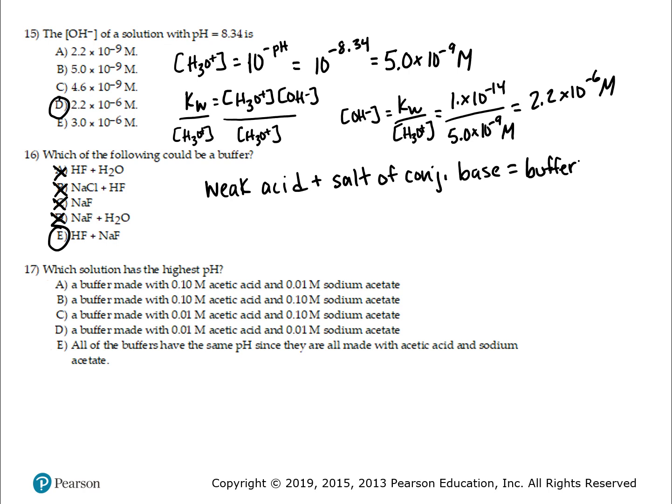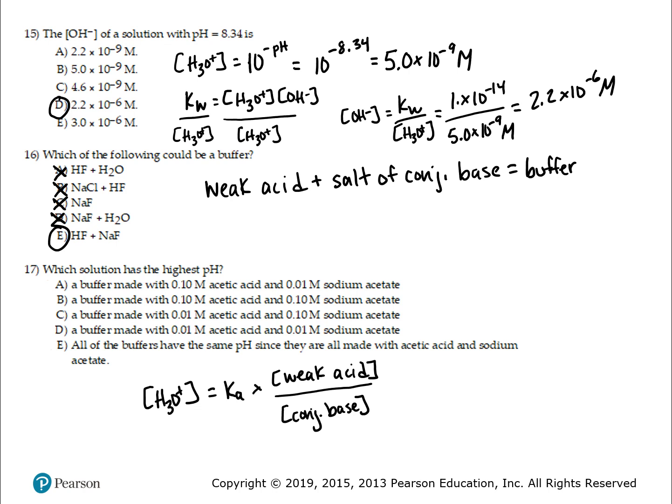And the final question, which solution has the highest pH? We're looking at buffers and the ratio of weak acid to conjugate base. Remember, we did this. Just the generic equation for the amount of hydronium ions in solution.